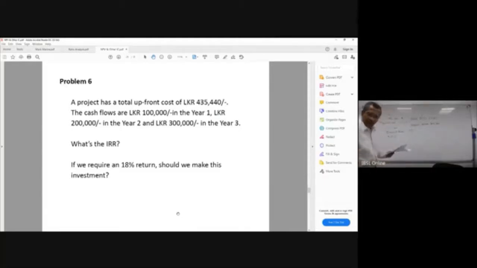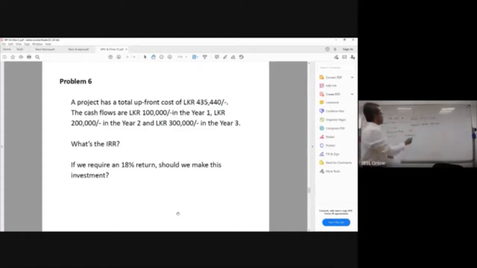So when the discount rate is 0, NPV is 164,560. Maybe we can draw the net present value profile also. So when it is 0, 164,560.